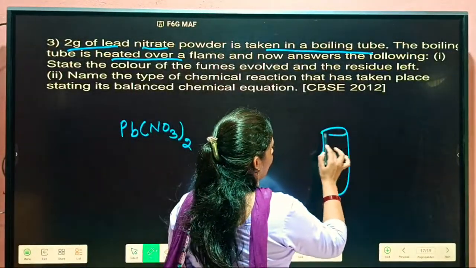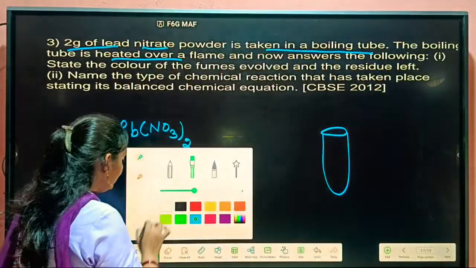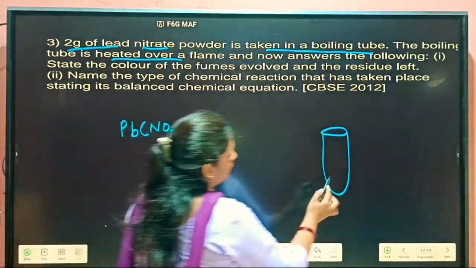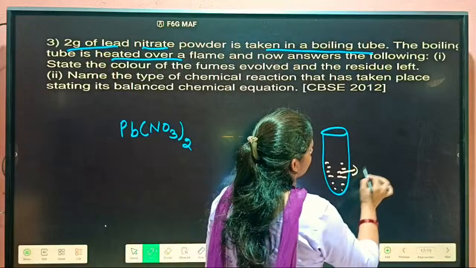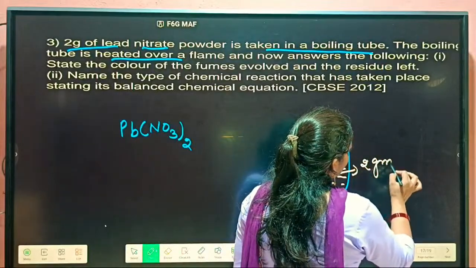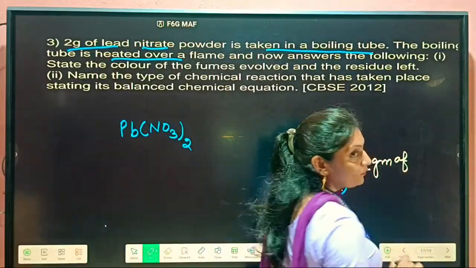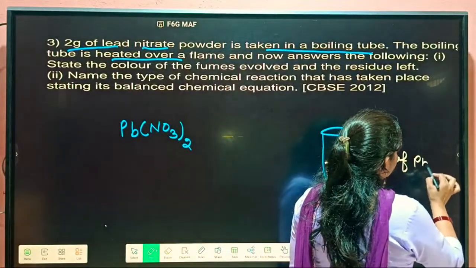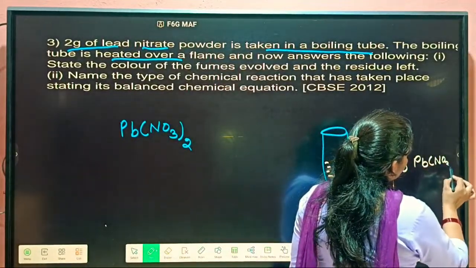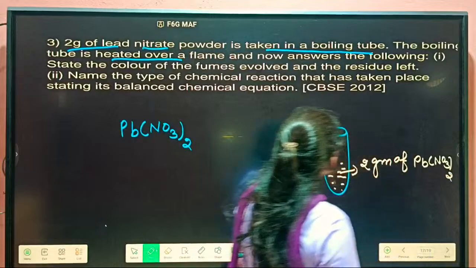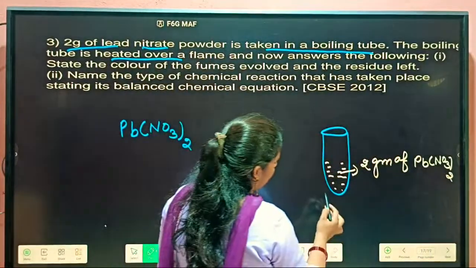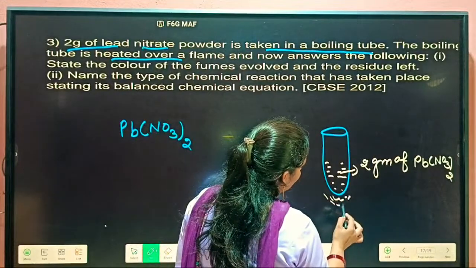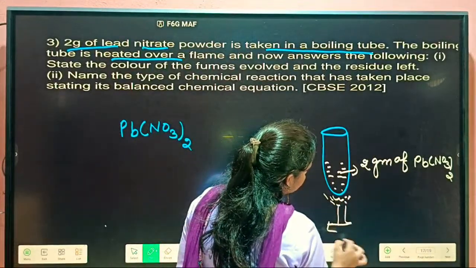Again, we are having some lead nitrate in this. Quantity is also given, 2 gram. Okay, 2 gram of lead nitrate we will take into this one. Then the boiling tube is heated. We will heat this boiling tube at a burner.